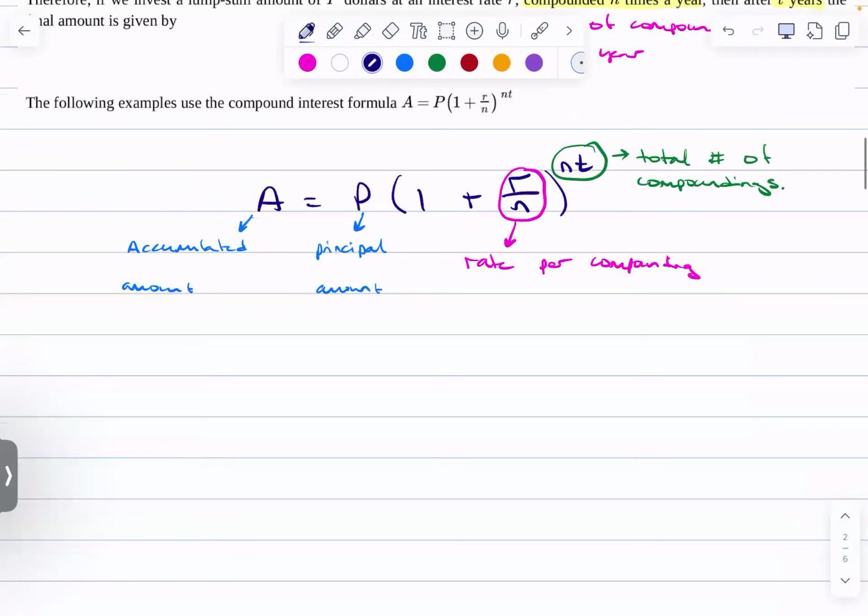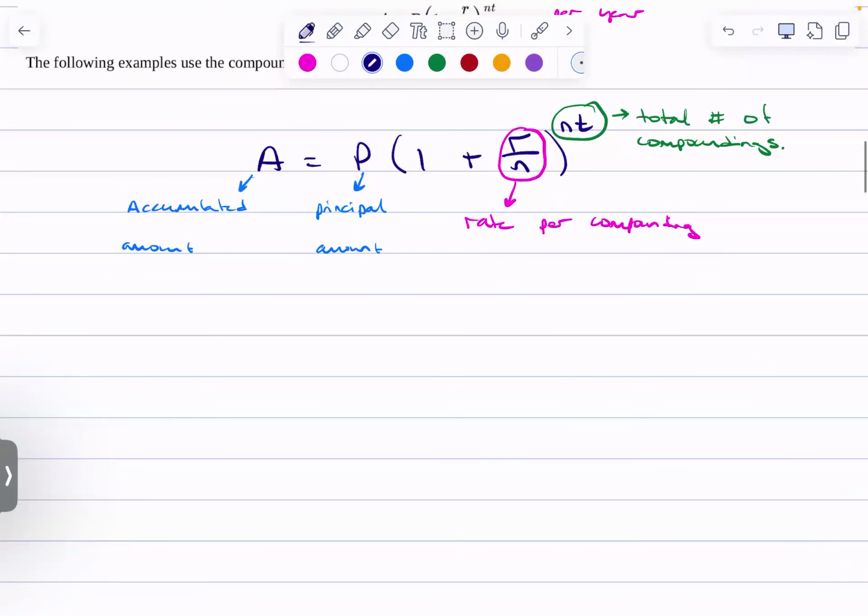Oh, that's what I had a mental note to add something here. We can solve for A. We can solve for P. We can solve for R, or we can solve for T. N is going to be given.